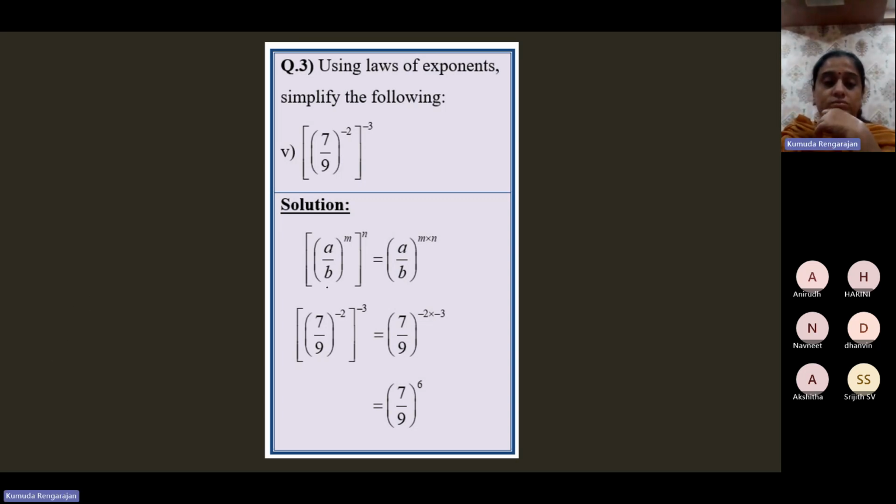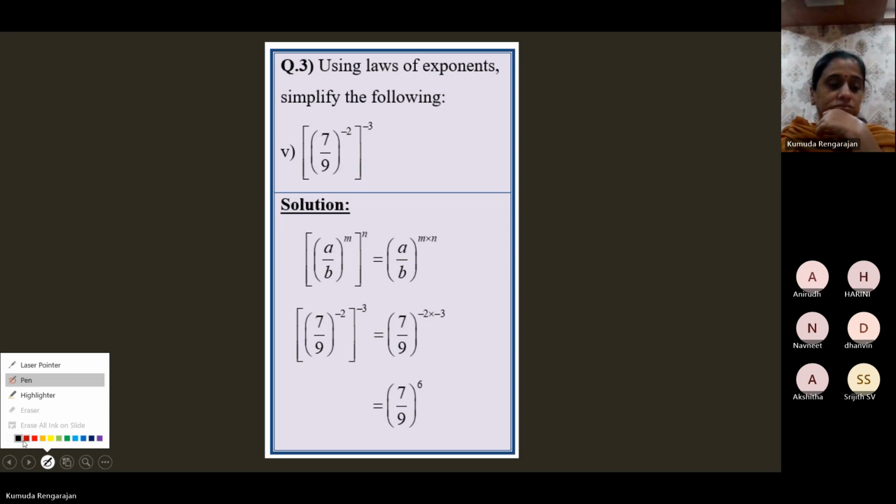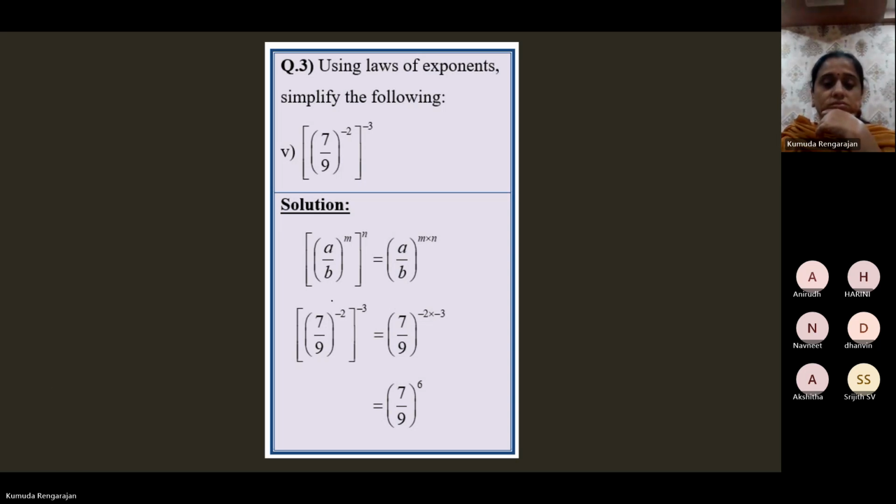So this is the rule. By this rule, we'll have to multiply the powers.